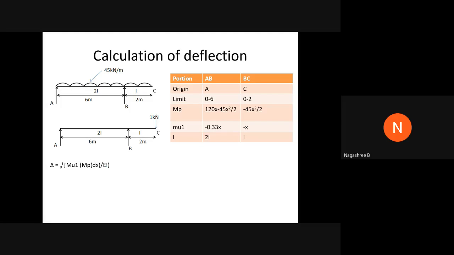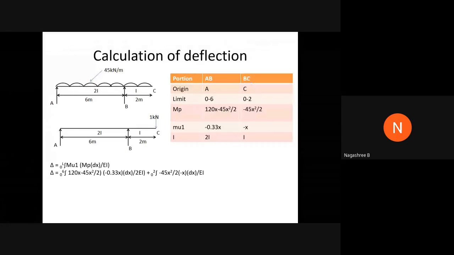Someone asked whether the x value is the same. The x value might or might not be the same. Because in integration we integrate each portion as a separate entity. For AB, we are integrating from 0 to 6. For BC, we integrate between 0 to 2, wherein the x value will be different. Is it clear, all of you?